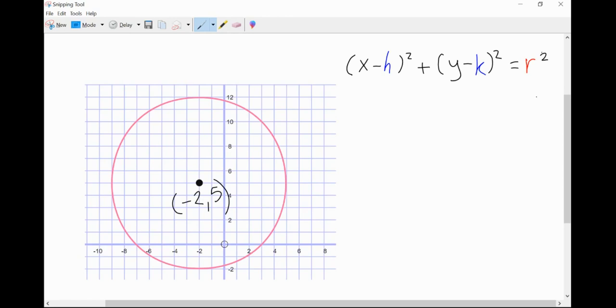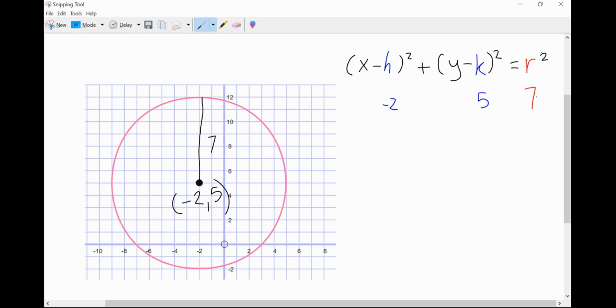And our other constant is the radius, and in this case, the radius is 7. So what we're going to fill in is -2 and 5 because our center is h, k. And for the radius, we're going to fill in 7.